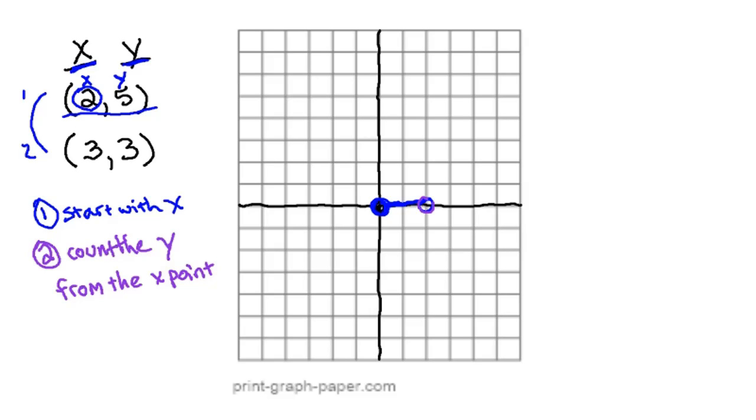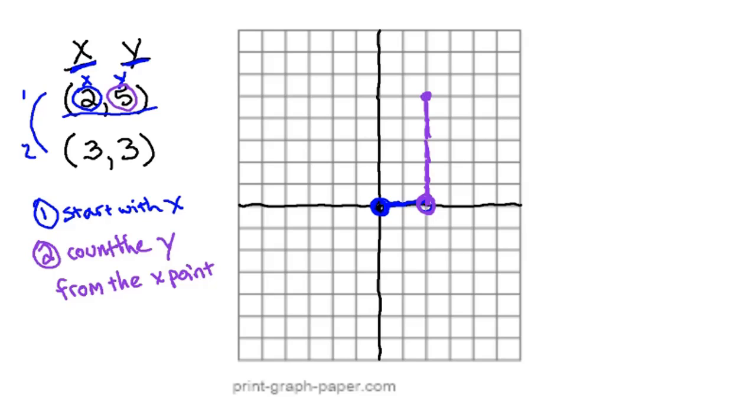And so we're going to start at that open circle, and then the Y is the number 5. So we're going to count 5 boxes up. So 1, 2, 3, 4, 5.